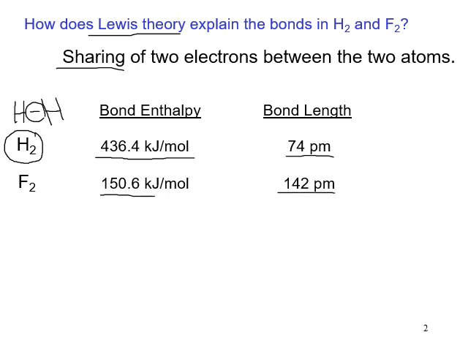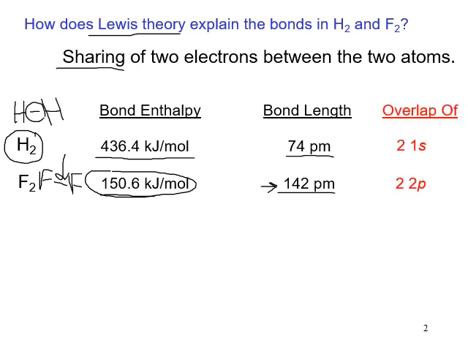And we can make sense of that because it's easier to break a bond, hence this lower number, with something that's further away from each other. These F's are further away from each other. So when we draw the Lewis dot structure, we would draw this bond a little bit longer because it's further away, so it's easier to rip them apart from each other.